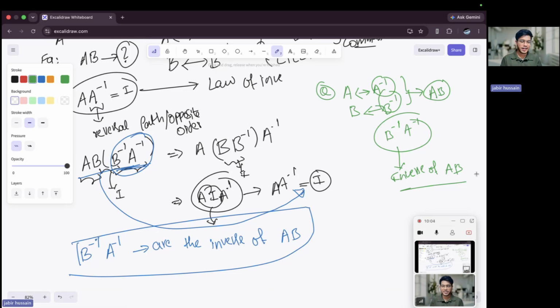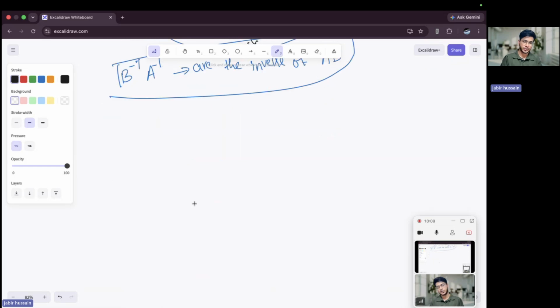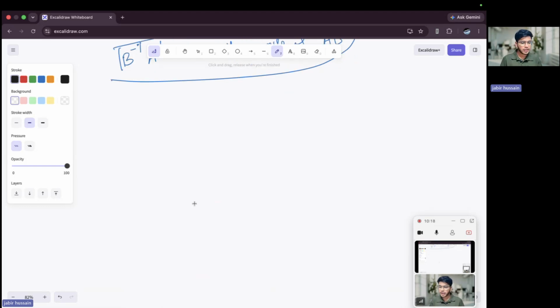Very simple concept. Now let's move to the next concept here, which is transpose. What is the meaning of transpose, and how can we represent it mathematically? In a few minutes I'll talk about transposes in detail.